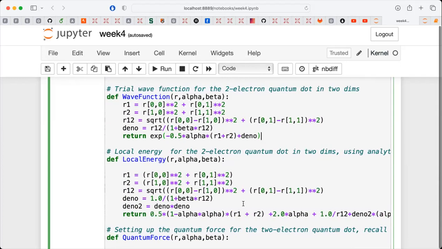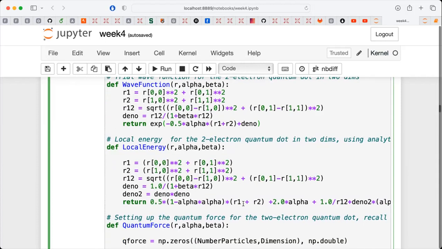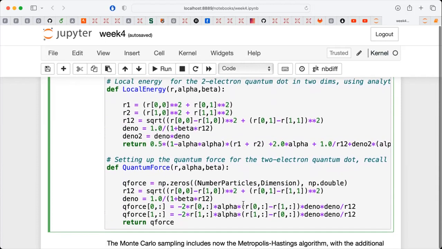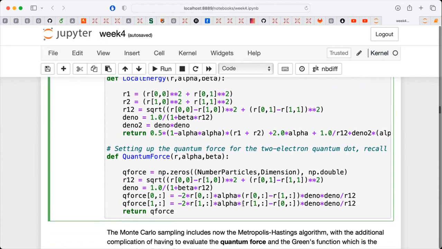It's an ugly equation. I also have the so-called quantum force here, which is also given by an analytical expression. I'm coming back to these expressions when we meet again next week. The analytical expressions are derived down in the slides here.